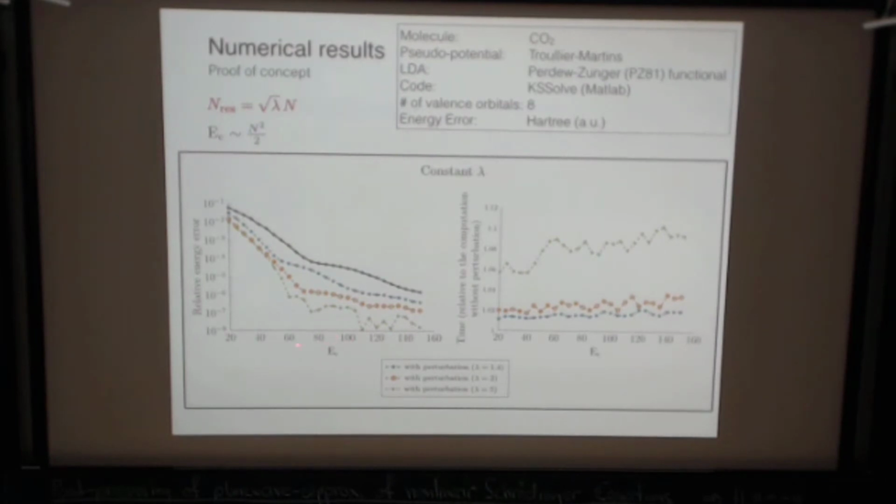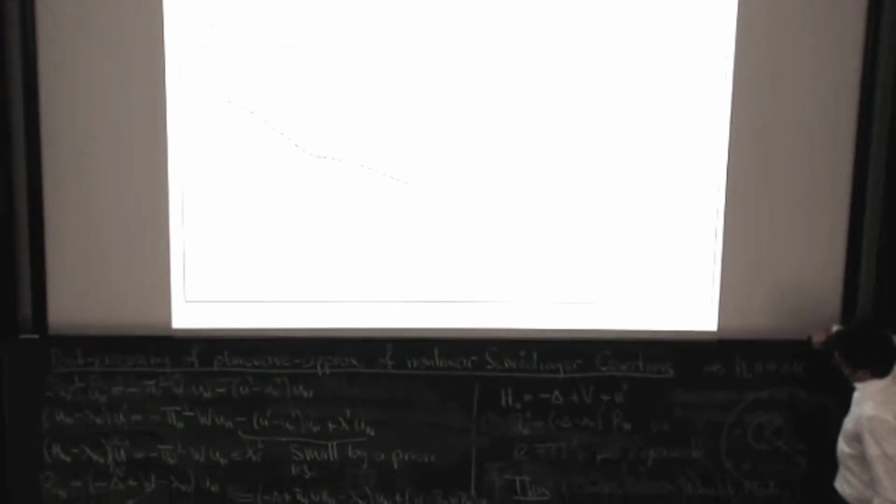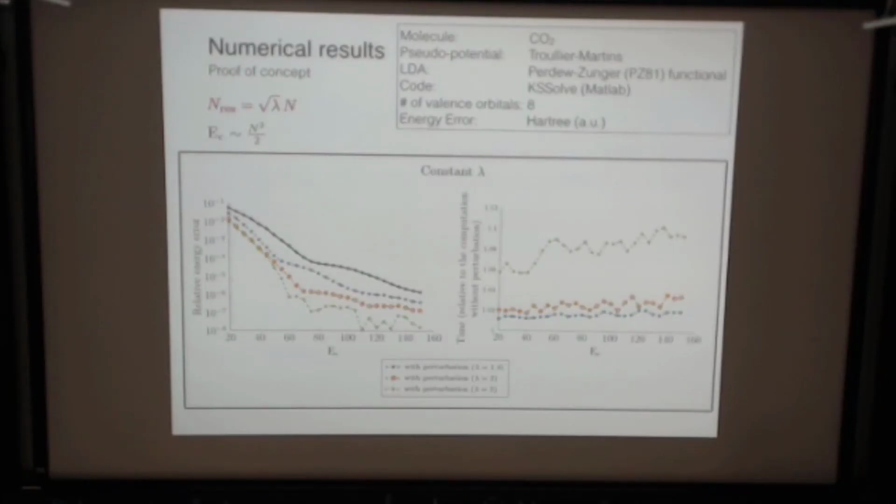And what I report here is this ECUT, and ECUT is somehow proportional to n squared. And what it means is the maximum of kinetic energy that is given by the plane waves that live in this ball of radius n. So first, you have a constant gamma, and gamma is the relation between ECUT and ECUT res.